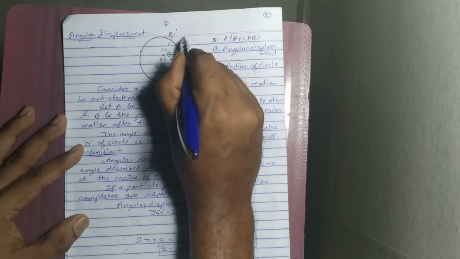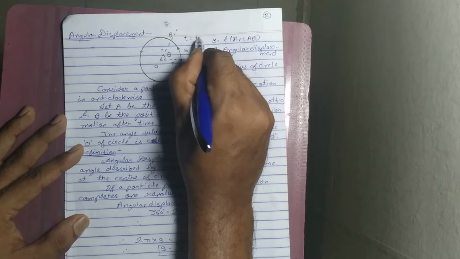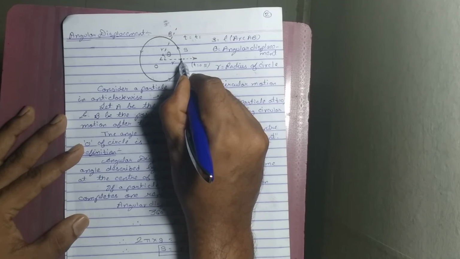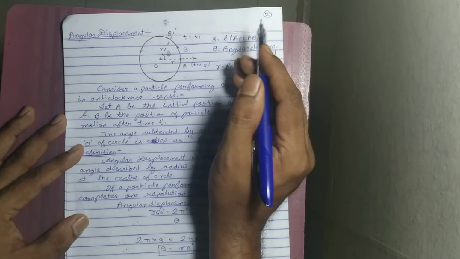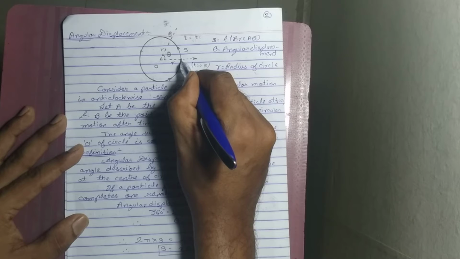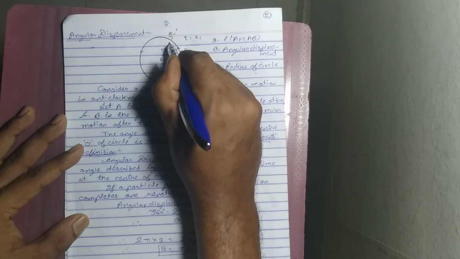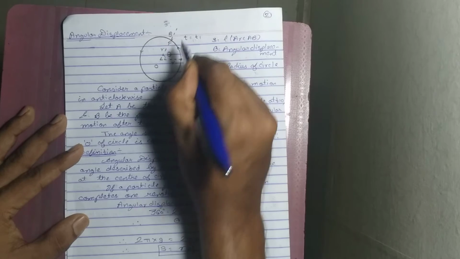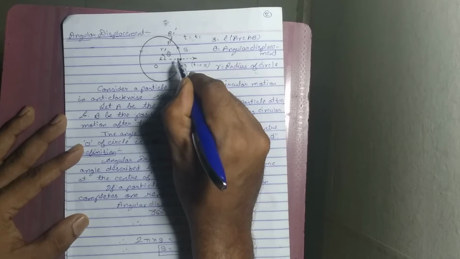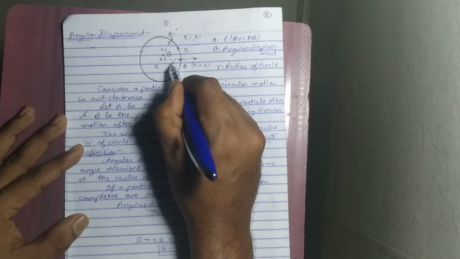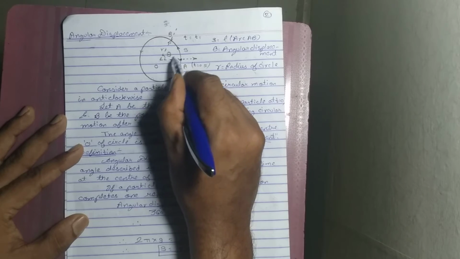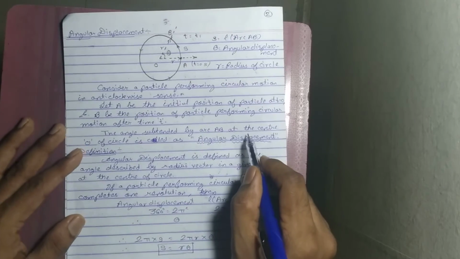After a particular time t equals t1, the object moves from point A to point B. When the object moves from A to B, we observe two radius vectors, OB bar and OA bar. The angle between OA bar and OB bar is called angular displacement.